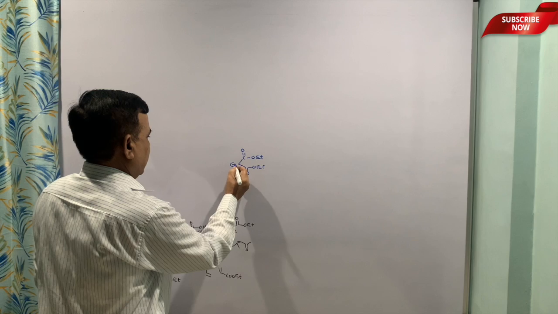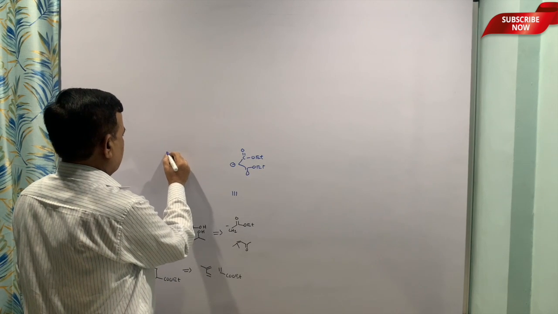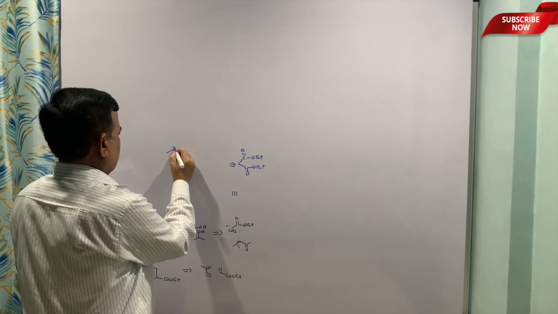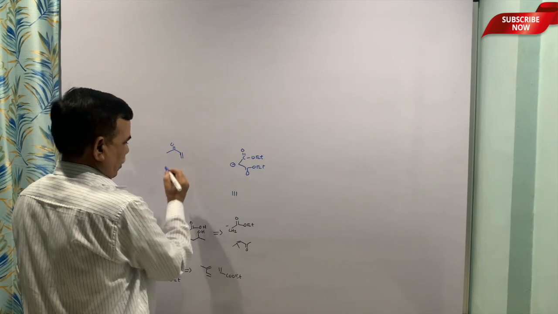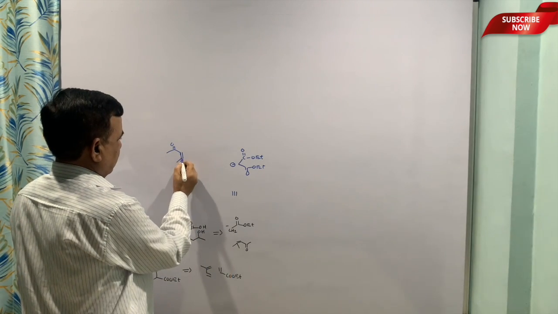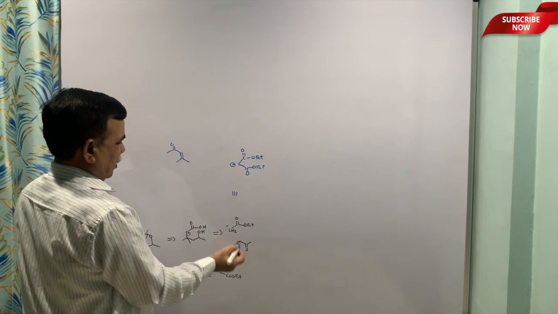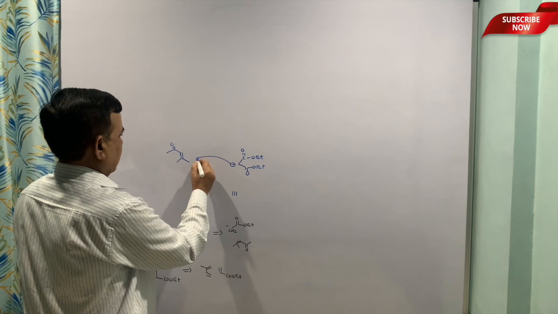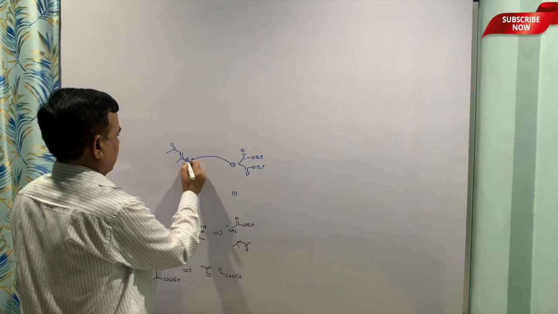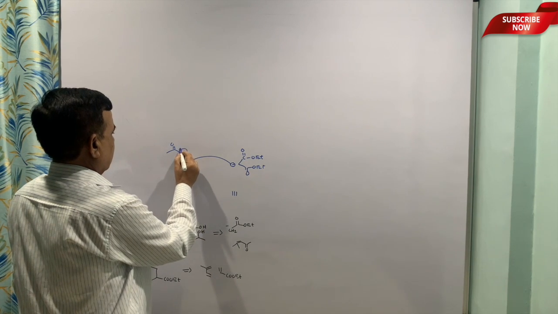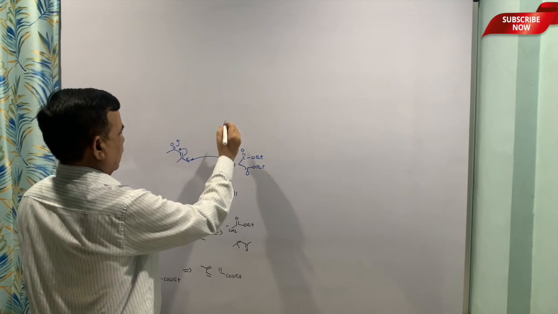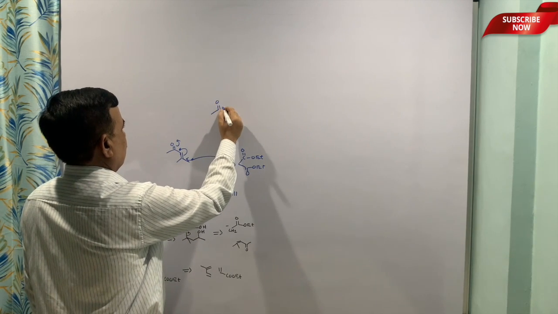So, you make a carbanion here. I am going to put, say, this is that alpha beta unsaturated compound, but I am just writing it this way. That is the sink, and then it will be O minus.